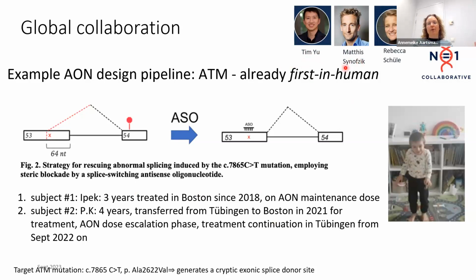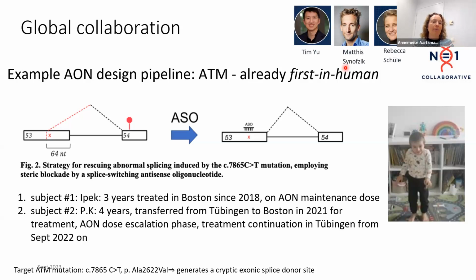And then Matthijs said, well, I want to start developing this for patients with ataxia telangiectasia, which is a progressive neurodegenerative disease in children. And he had a patient where he said, this is a cryptic splicing mutation, an ASO should restore this. Will you help develop this with me, because you have the exon skipping expertise?